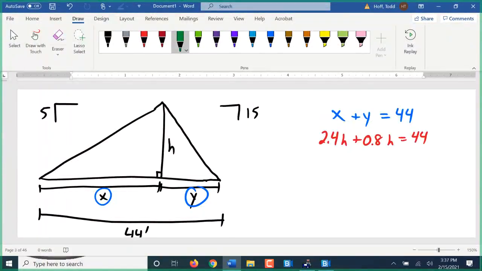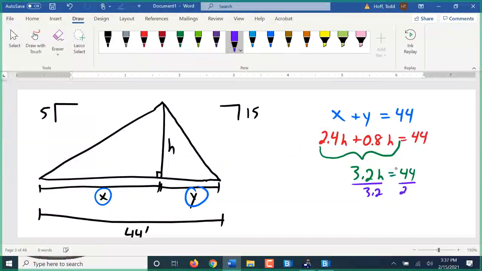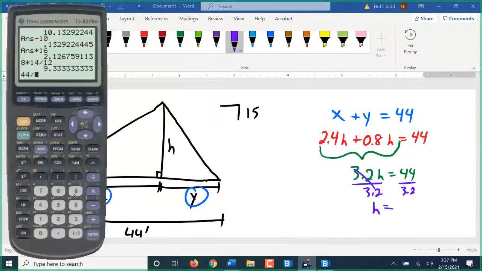Now we're only on one variable. What do we do to solve that? Well, what's 2.4H plus 0.8H? 3.2H equals 44. H equals 44 divided by 3.2.